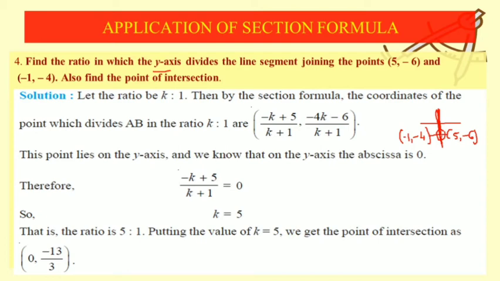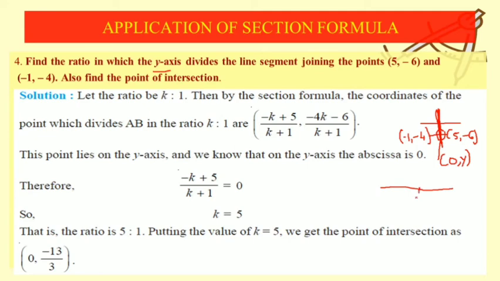Now, as we know, if any point lies on the y-axis, its coordinate will be 0 comma y, because for any point on the y-axis the x coordinate is always 0. So the coordinate for this point is 0 comma y. Now we got this condition.